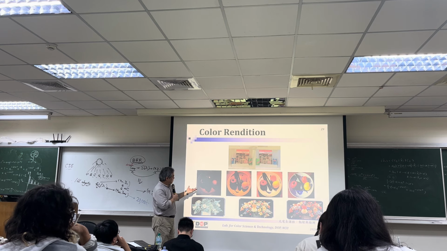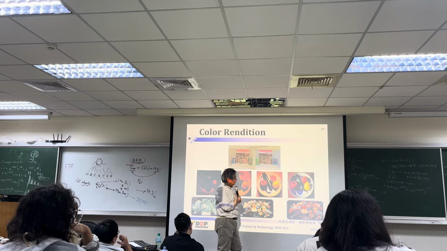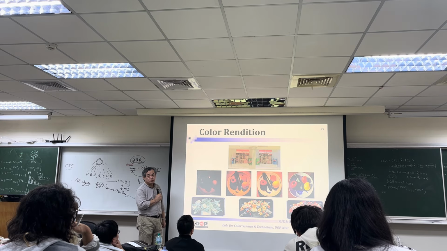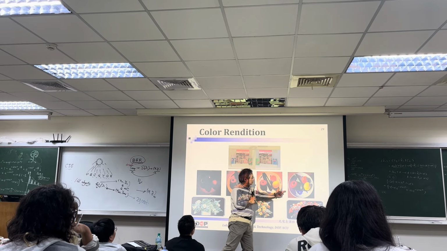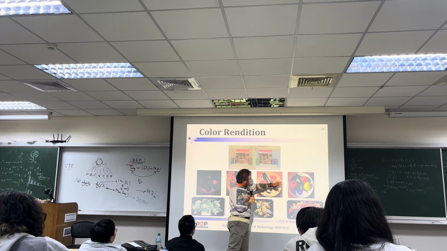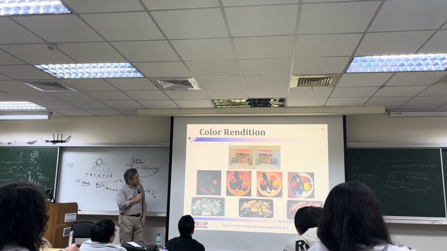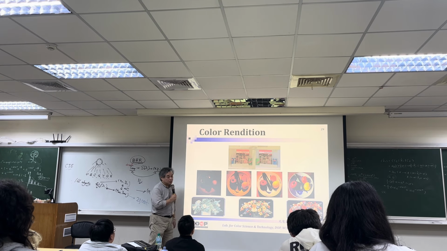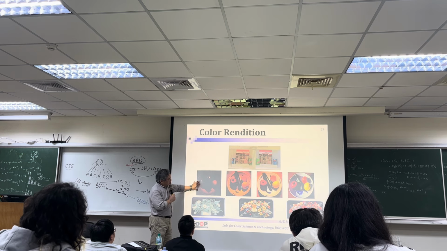And the same fruit under different light sources. Which one is better to you? These two may be good to you because you can identify each object clearly. But for this one, you almost cannot identify which kind of fruit is which, right? So this is a bad quality light source.